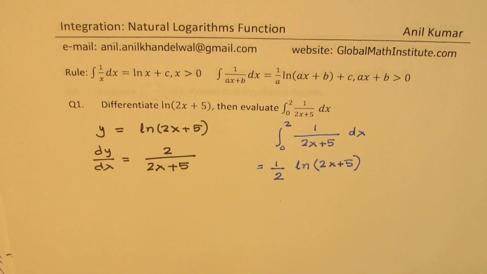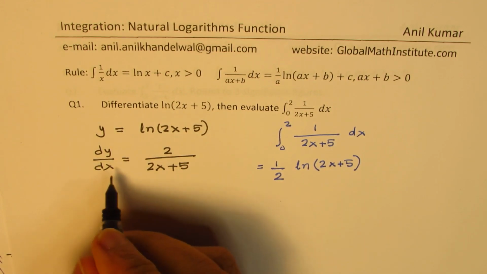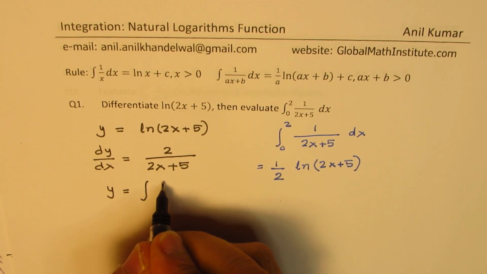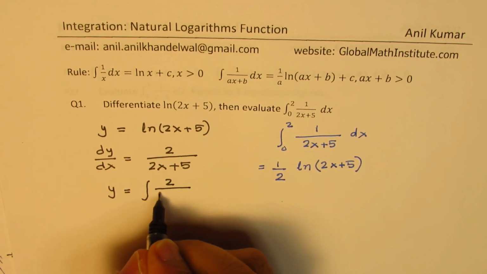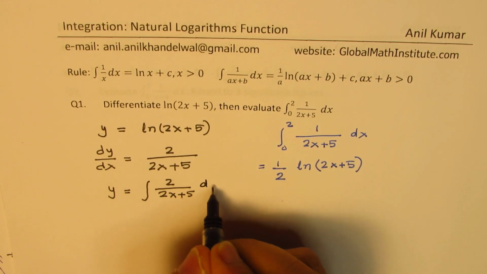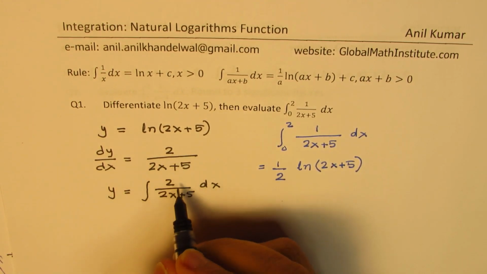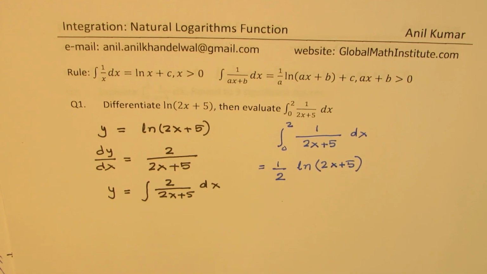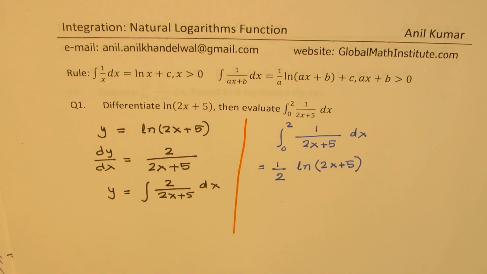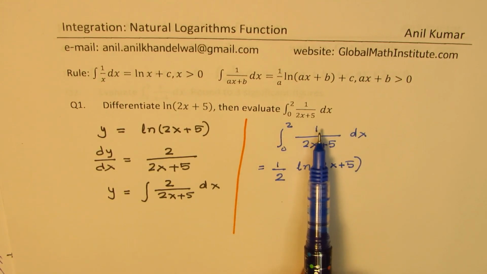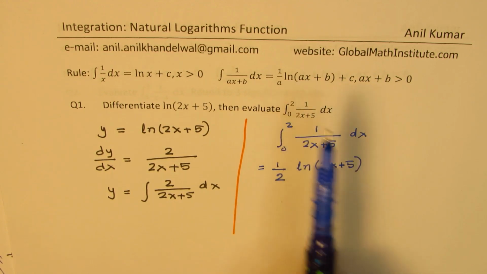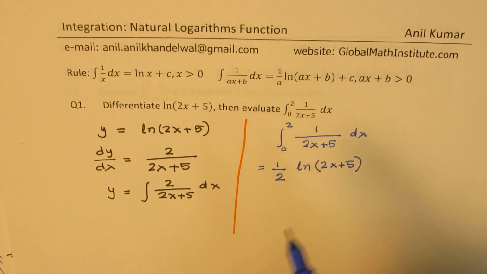From here you could say that y is equal to the integral of 2 over 2x plus 5 dx. If you rearrange, you get this. So this is 2 times, and since we need only 1 time, you have to divide by this, or you can directly use the rule. But I think you can get the correlation.